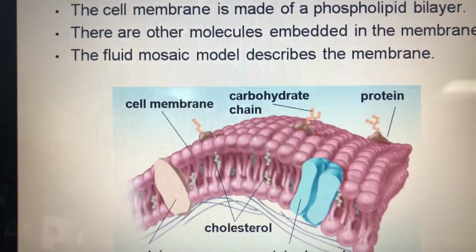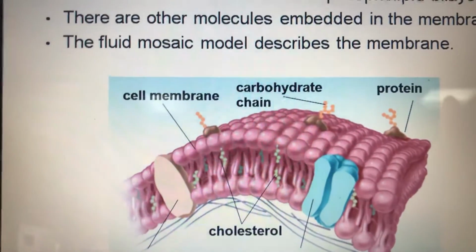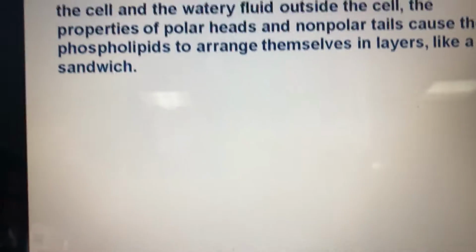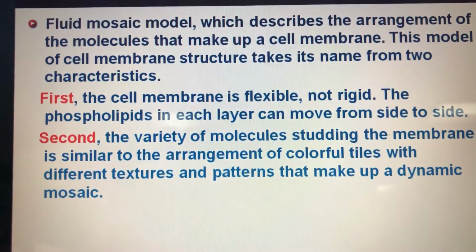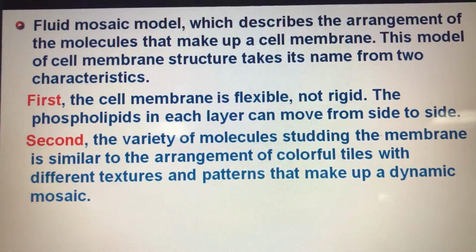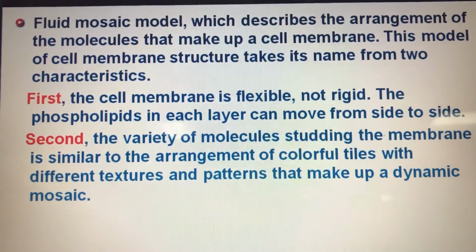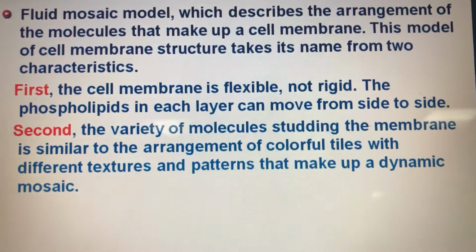Now, the structure of the cell membrane was described as a fluid mosaic model, and it gets its name because of two characteristics. The first one: the cell membrane is called fluid because it's flexible, not rigid, and the phospholipids in each layer can move from side to side.